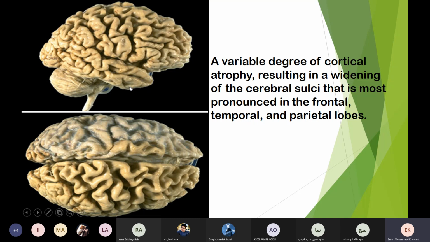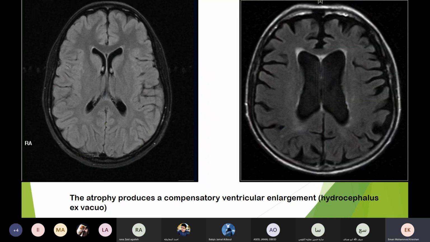This is MRI imaging of a patient with Alzheimer's. This is normal, and this is Alzheimer's. Look at the atrophy. Because of the atrophy, there is compensatory ventricular enlargement. The look will be like hydrocephalus, okay?